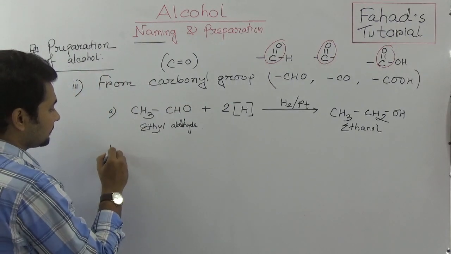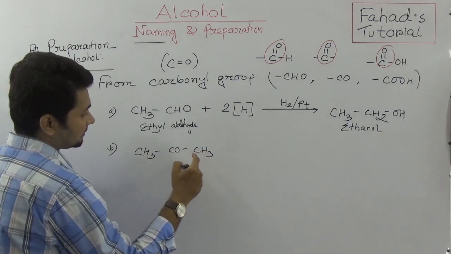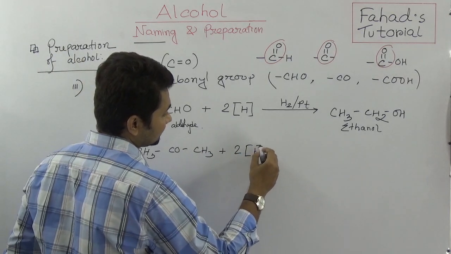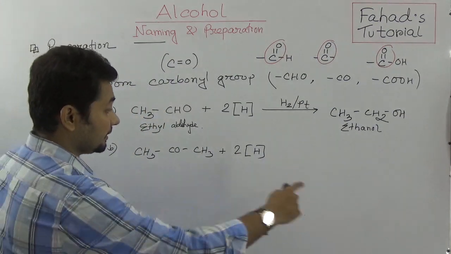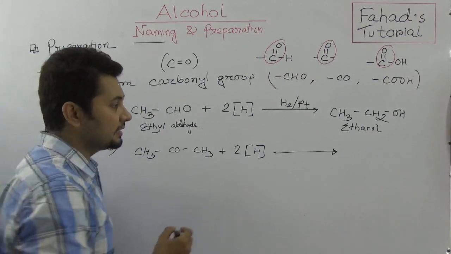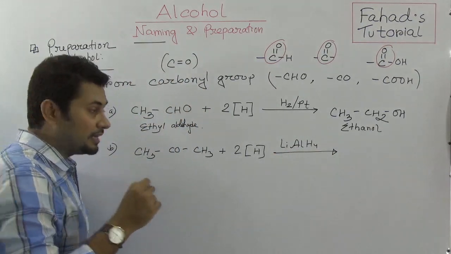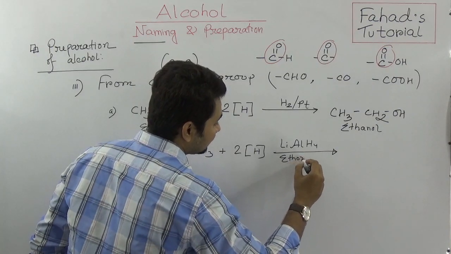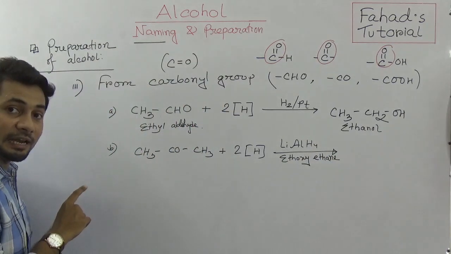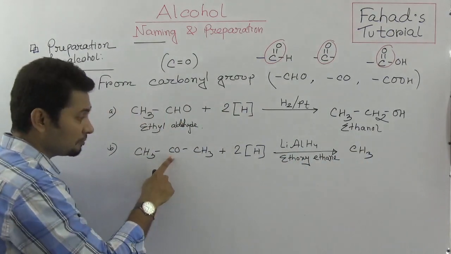Think about ketone, CH3COCH3. Okay, ketone. And then if you again reduce it by nascent hydrogen with the presence of lithium aluminium hydride in ethoxyethane, then what will happen? You see, the CH3 groups remain with the functional group in between.